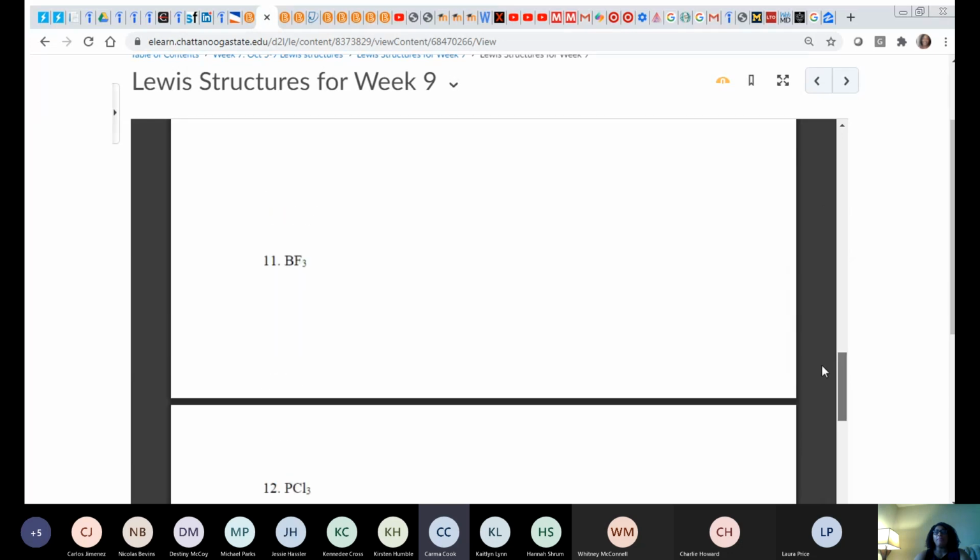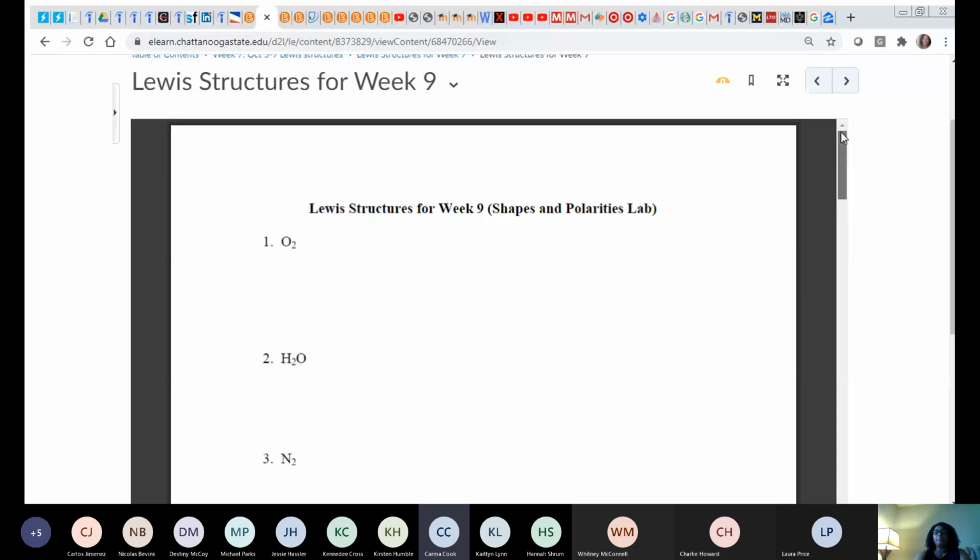There will be a Dropbox set up for week 9 Lewis structures, and you'll submit this document with completely drawn Lewis structures to that Dropbox before your week 9 lab meeting. The Dropbox will close at 8:50 a.m.